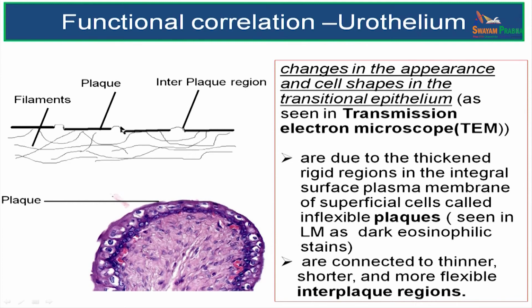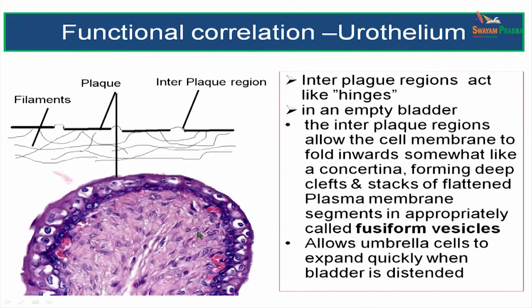They are connected to thinner, shorter regions which are more flexible, called interplaque regions. So, let us know the significance of plaque and interplaque regions as studied with a transmission electron microscope. These interplaque regions act as hinges.